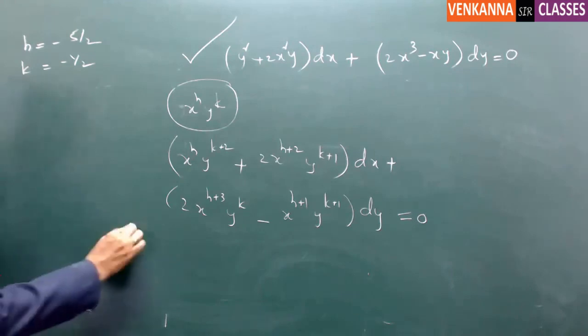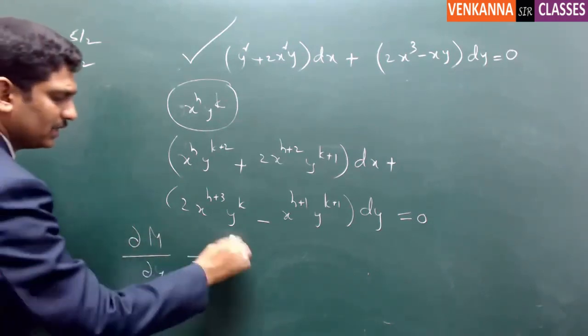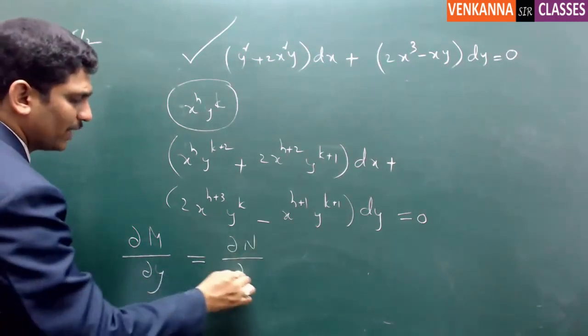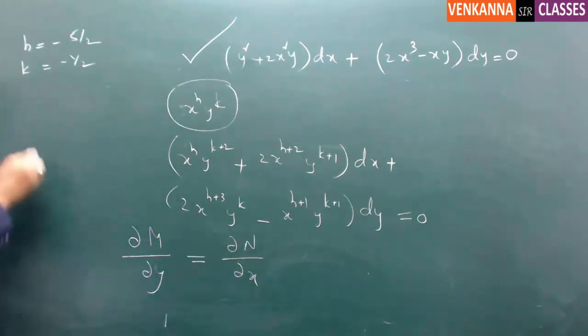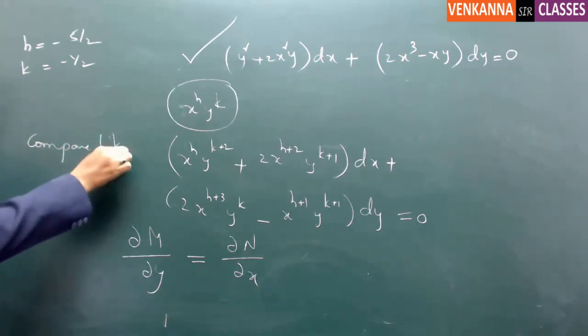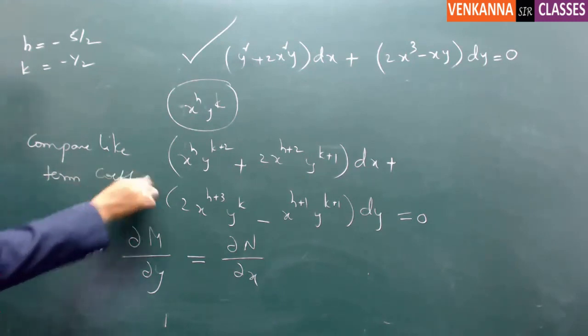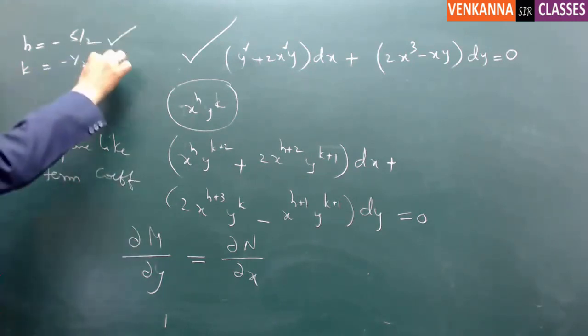So, now you equate the terms that dou M by dou y is equal to dou N by dou x. Now, you compare like term coefficients so that you will get h and k.